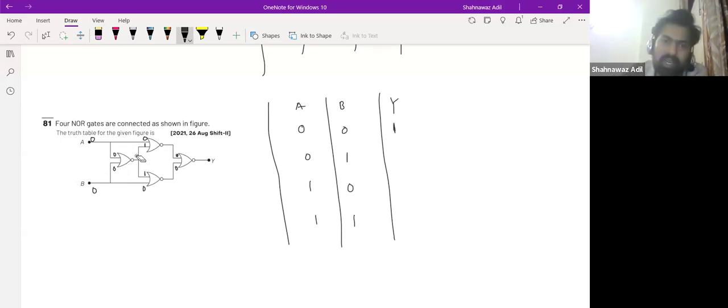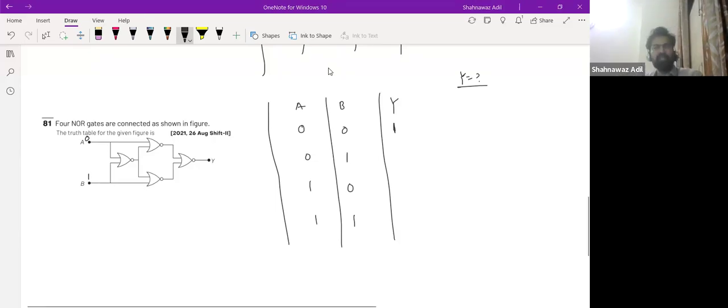Right. Now you guys tell me what would be the answer for 0, 1. Quickly do this. A is 0, B is 1. Do this and tell me what Y you are getting. Please calculate this.